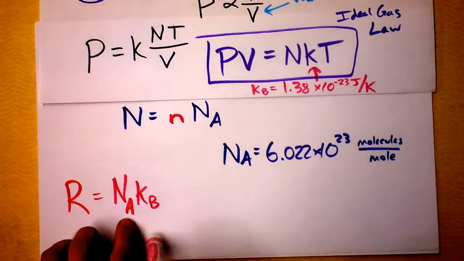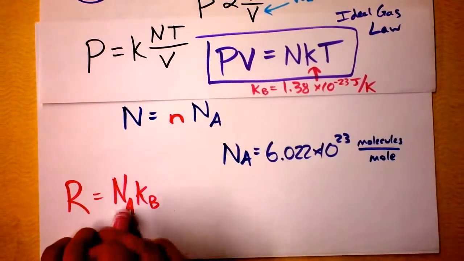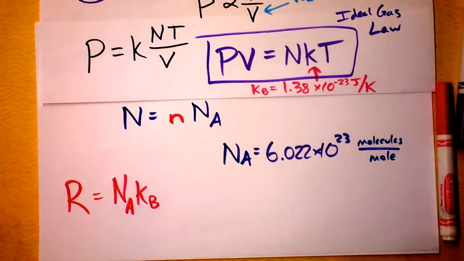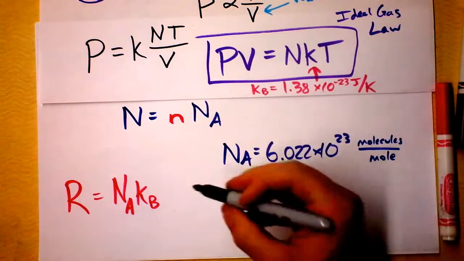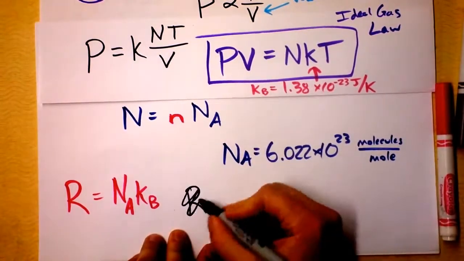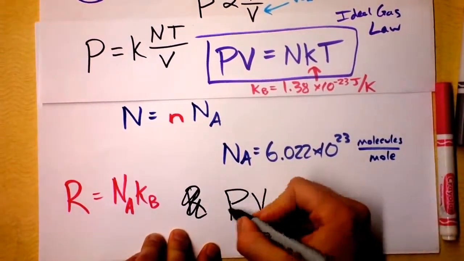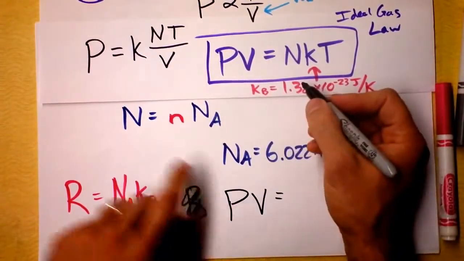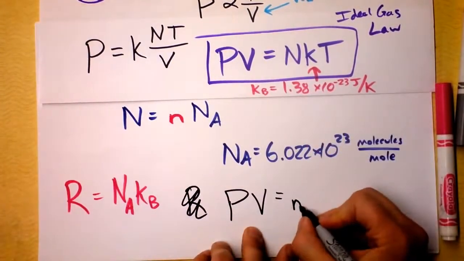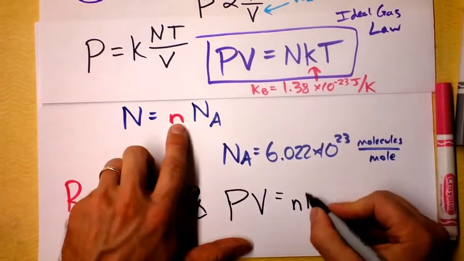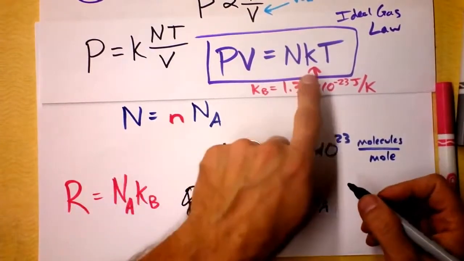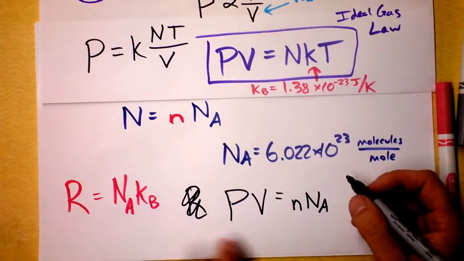Okay, all right, let's go back over here. Come over here with me. I want to tell you that PV is N, but remember N is lowercase n times Avogadro's number, and then times k, but we could solve this for k also.